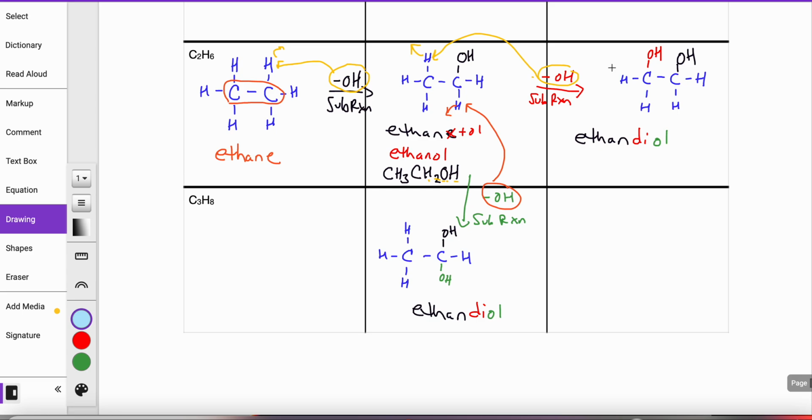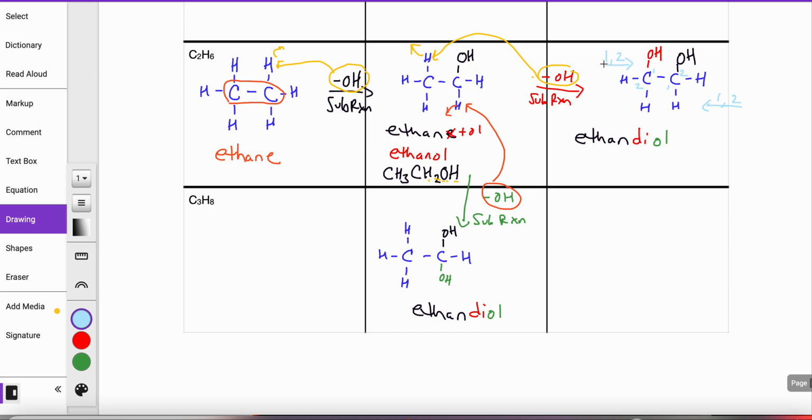So when you look at the first one up here, okay, the red OH would be on carbon 1 and the black OH would be on carbon 2. When you look at it right to the left and you renumber, the black OH is the first one we come to, that's on carbon 1, and the red one is on carbon 2.